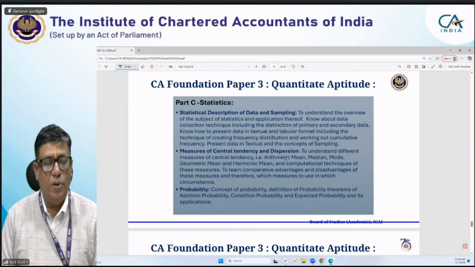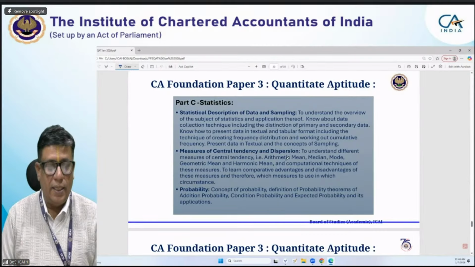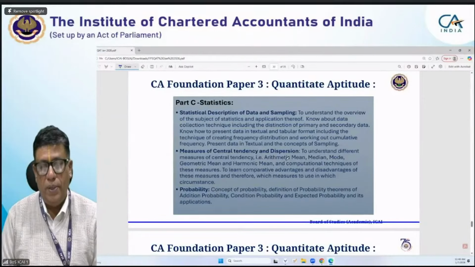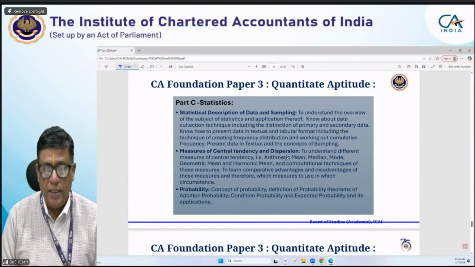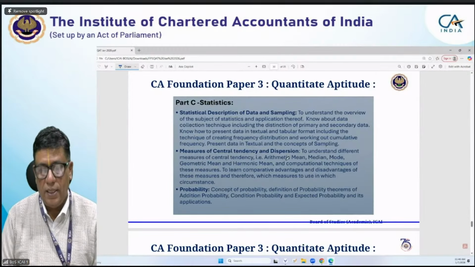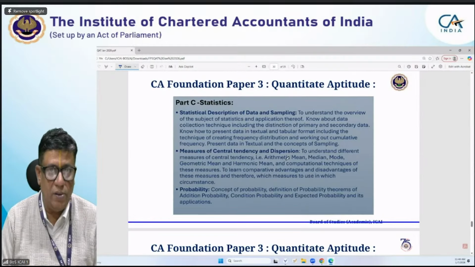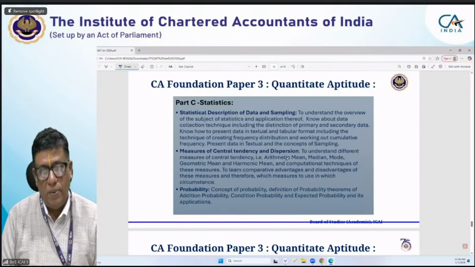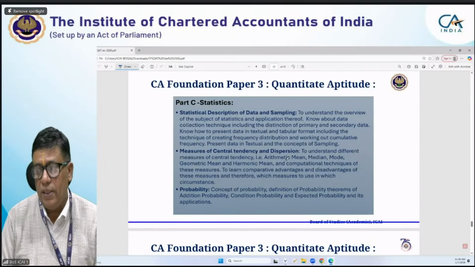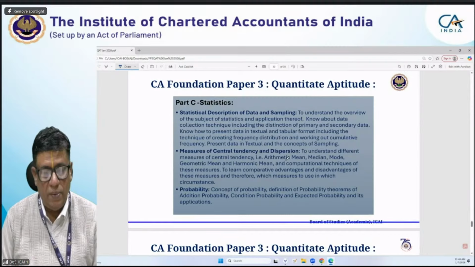To understand the overview of the subject, statistics and its application, we learn about the collection of techniques, including the distinction between primary and secondary data, and how to represent statistical data in the various tabular forms given. Then, the various sampling methods are given in the study material: probability sampling methods and non-probability sampling methods.